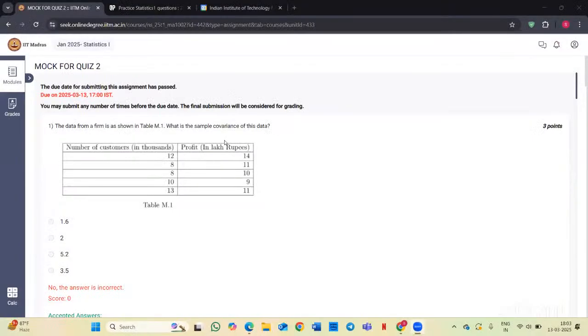Okay then. So you can see my screen, right? Everybody, let's take out your pens and paper and solve this question one and let me know the answer. Before that, can you tell me what is the formula of sample covariance?